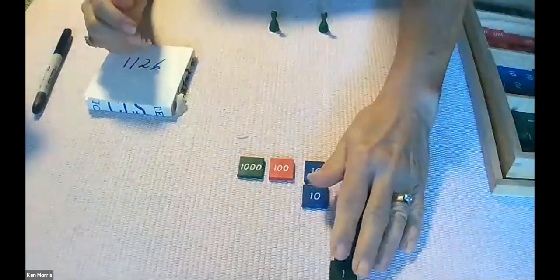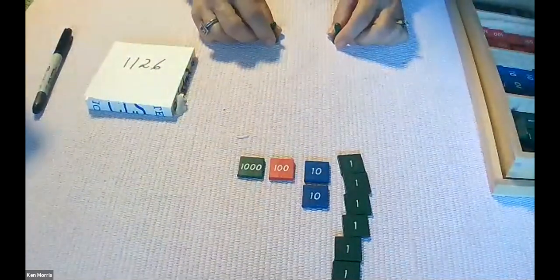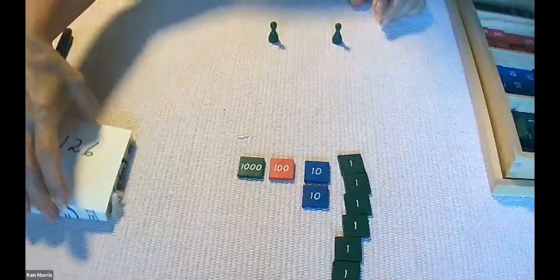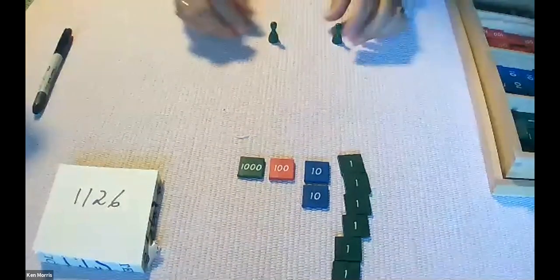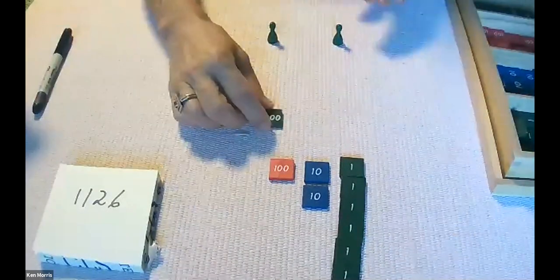Okay. All right, and now we can start the division. Now, if you remember, in division, we always start with the greatest place value. So we're going to start with thousands.